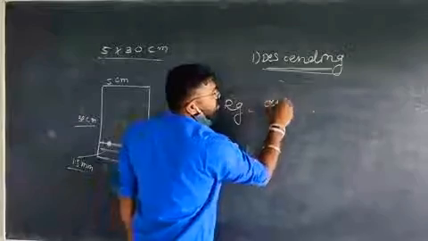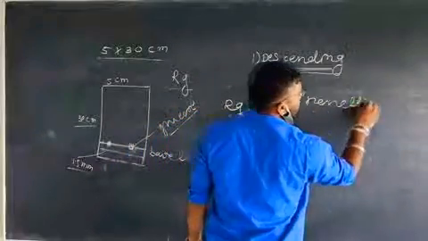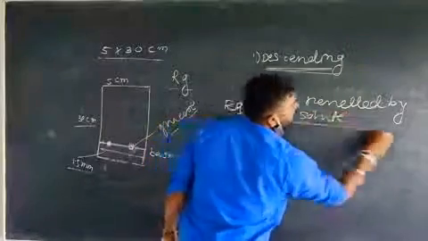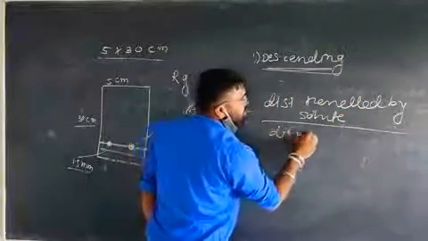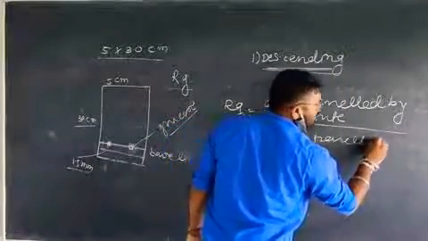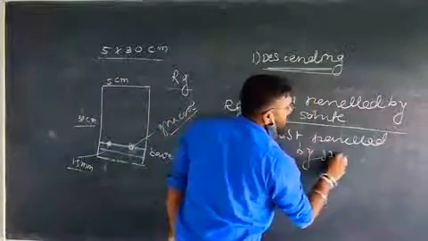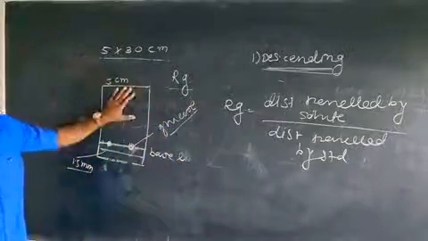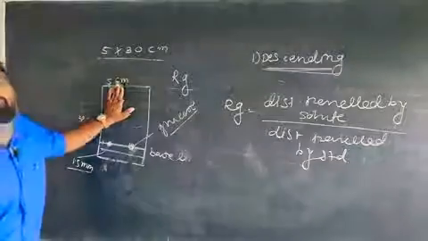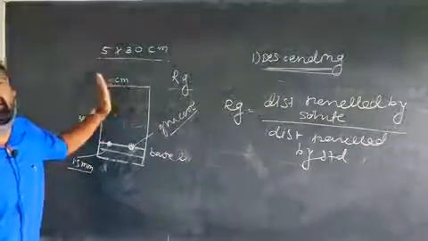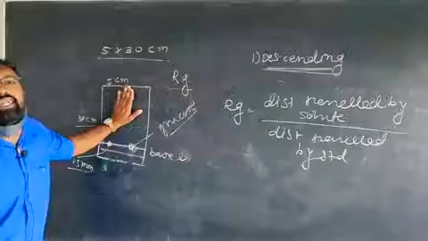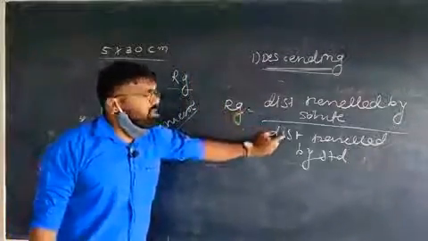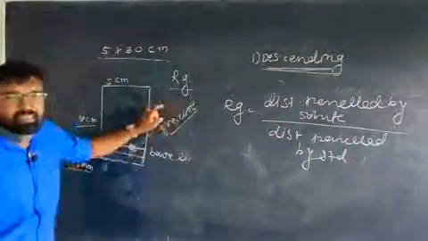This is the distance traveled by the solute from the baseline to the distance traveled by the standard from the baseline. This is the RG value, because here the RF value is not a useful or valuable term in descending type of chromatography, not in ascending type. Here generally glucose is used as a standard.